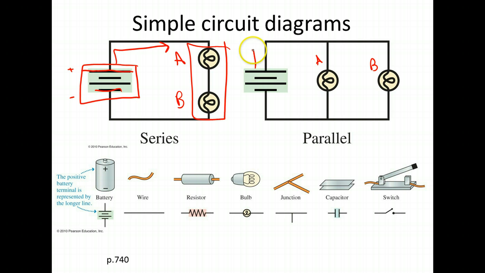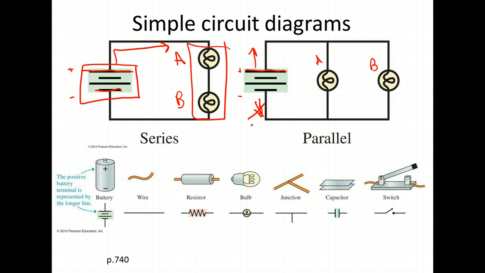Is current coming out of the top or the bottom of that battery? The top. How do you know? Yeah, because that longer line is up top, and that represents the positive end of the battery, right? And so we are using current flowing from positive to negative.